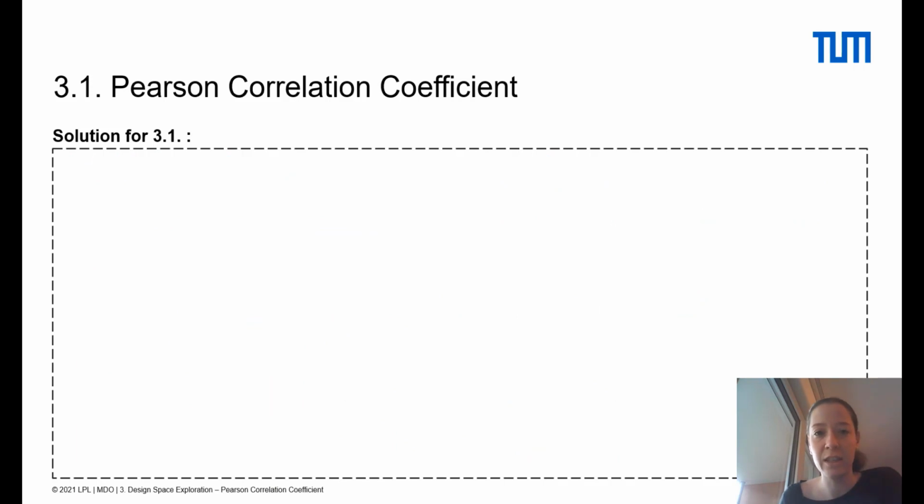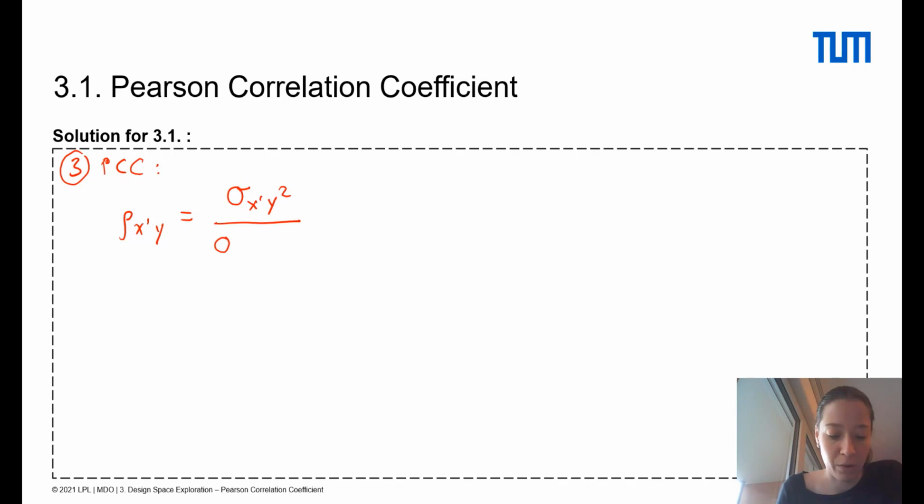Now we got all the ingredients, so finally we only have to plug that in. So the Pearson correlation coefficient is the covariance, 4,998.4, divided by the product of the standard deviations.